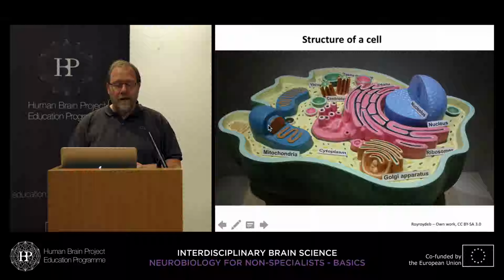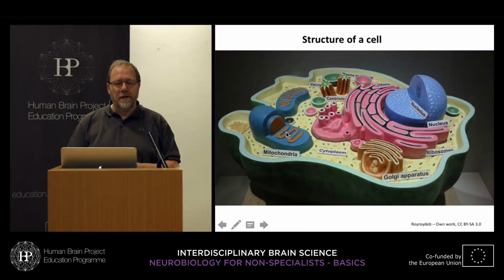In addition, we have mitochondria, which are cell organelles which are important to synthesize or generate the energy for the cells, and this is a special need in neurons who have a very high demand on energy.